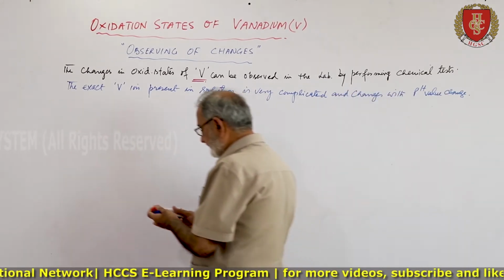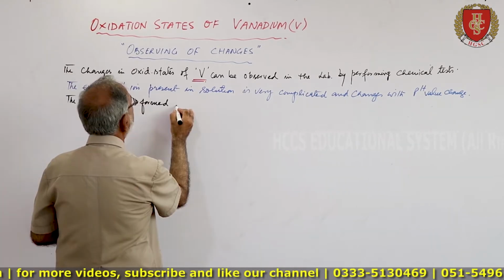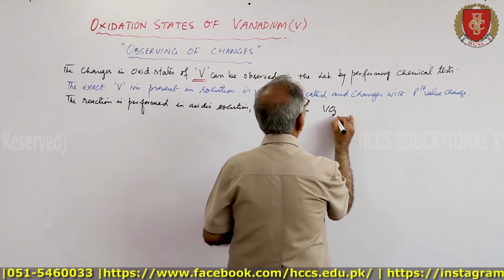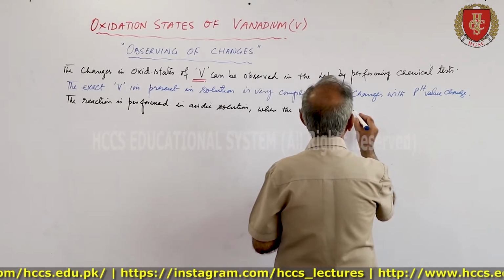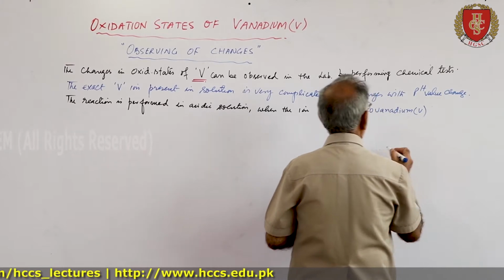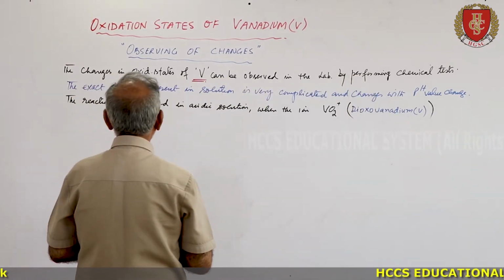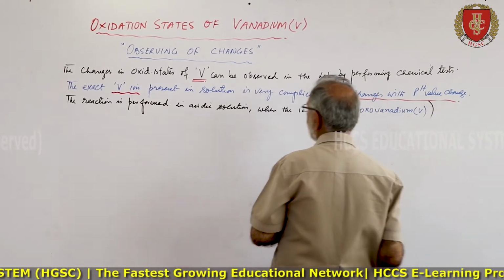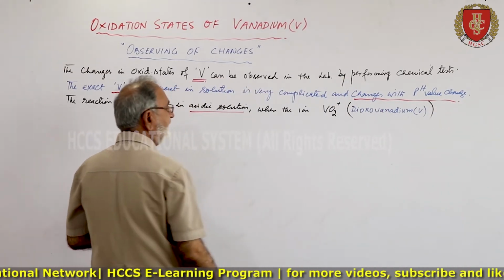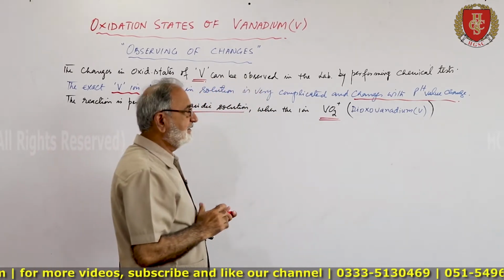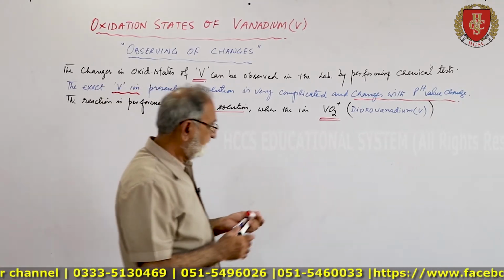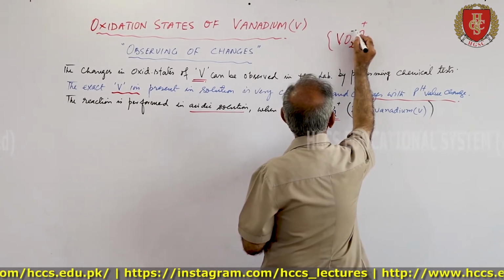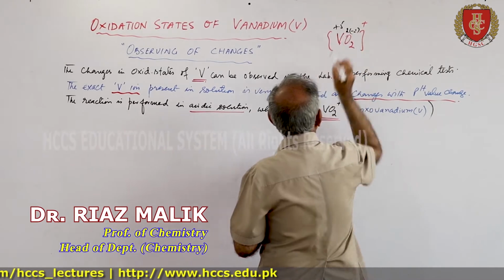The reaction is performed in acidic solution, when the ion is VO2+, that is dioxovanadium(V). Here the oxygen contributes -2 into 2, and vanadium is +5.